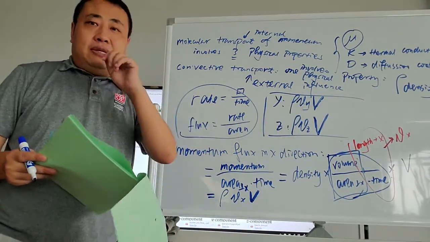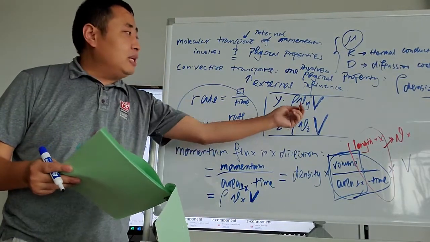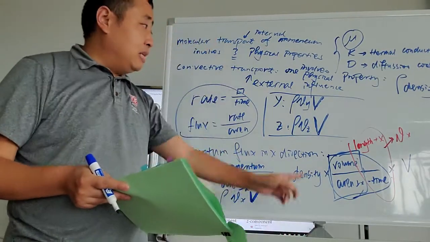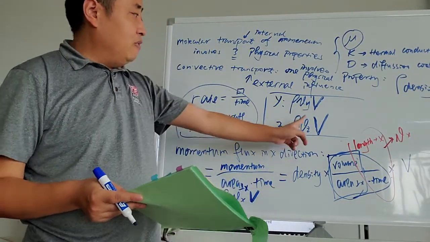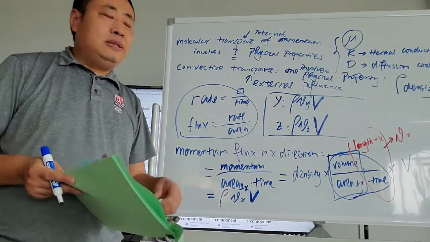For velocity, one unique thing to pay attention to: if we already define the direction, we don't need to use both face anymore. That's why for Vx, Vy, Vz, we don't need to use both face.